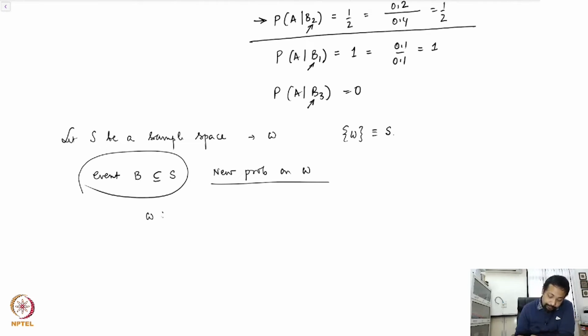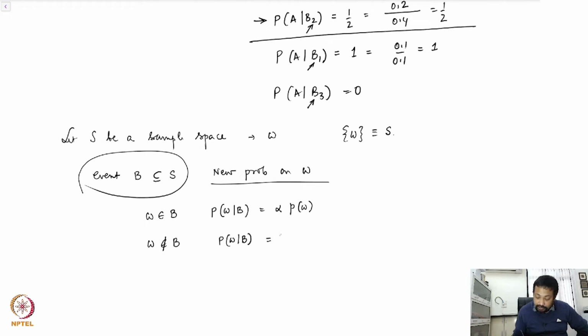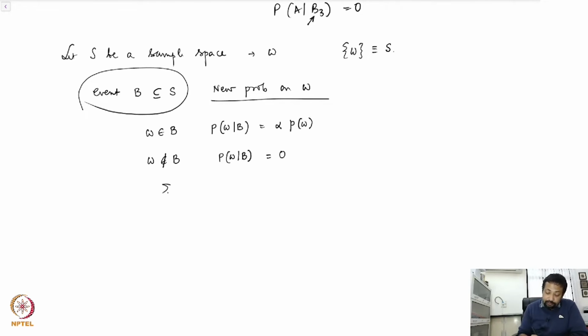So if omega belongs to B, then probability of omega given that B has happened is equal to, let's say, alpha times P of omega, where P of omega was the unconditional probability. We did not condition it on anything. And clearly if omega does not belong to B, then P of omega given that B has happened is equal to 0. We further have the normalization condition that the probability that omega belongs to S is equal to 1.